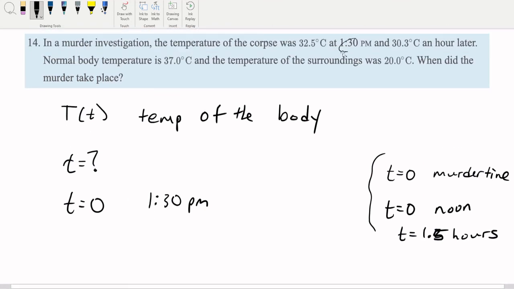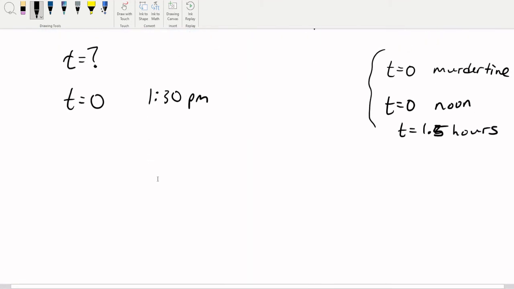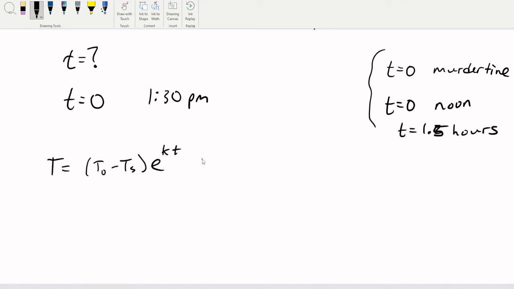So then what do we know? We know that at t equals 0, this was the temperature. We know normal body temperature is 37. We know the surrounding temperature, Ts, is 20 degrees. So we have our formula; we already wrote it down up here, so let's write it down here. T equals the initial temperature minus the temperature of the surroundings, e to the kt, plus the temperature of the surrounding.